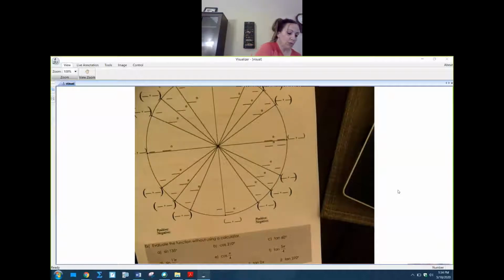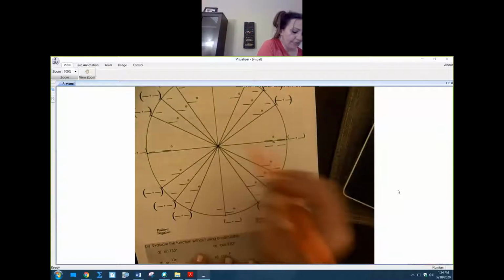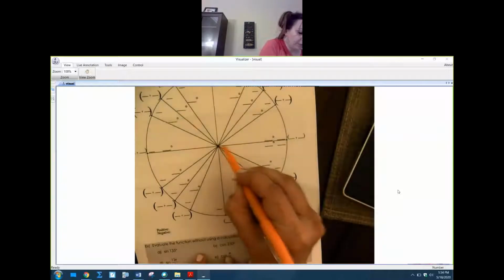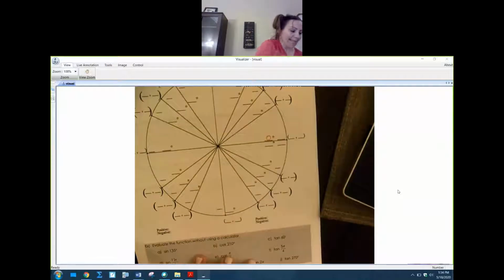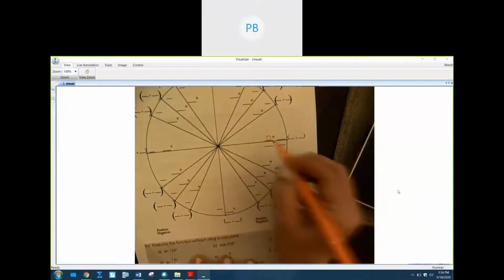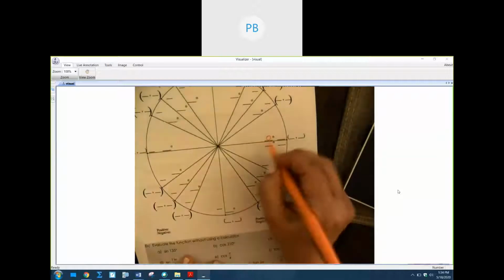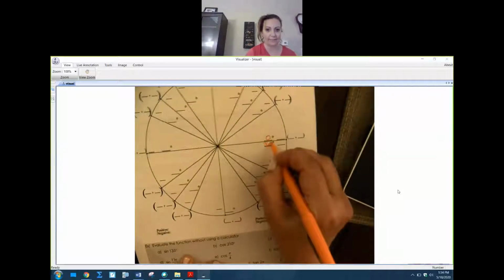So I'm going to go around and just start by filling in the degrees and radians. As you learned when you were graphing angles, this is your initial side, so this is what we consider 0 degrees. And a whole circle is 360 degrees, so we can also call that 360.